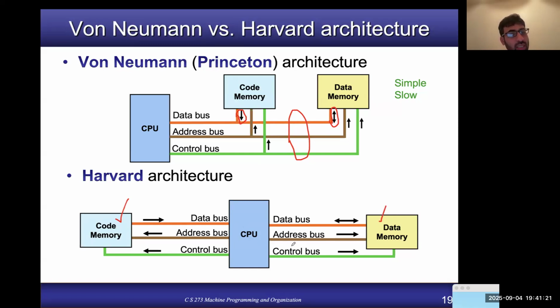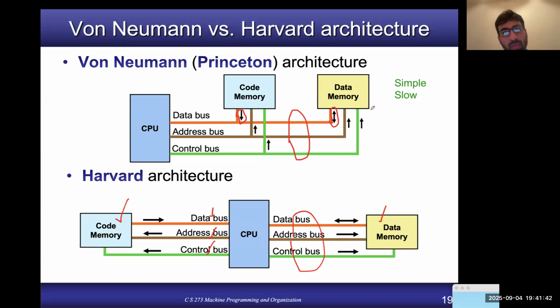Why? Because buses are not shared. It has a separate address bus, data bus, and control bus for code memory, and separate ones for data memory. So the CPU doesn't need to wait, right? Because separate buses are available. Okay.